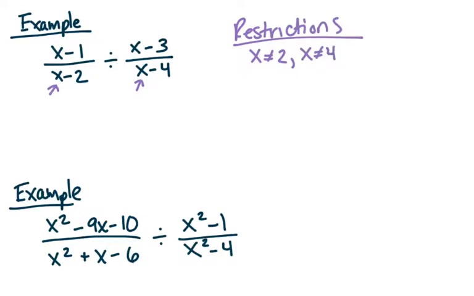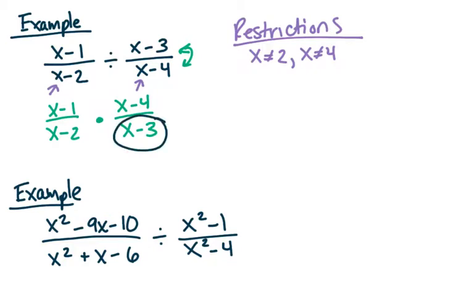Then I'm going to keep, change, flip. So x minus 1 over x minus 2 times, flip my fraction, so x minus 4 over x minus 3. Now I have another denominator that I need to write a restriction for. So x also cannot equal 3.